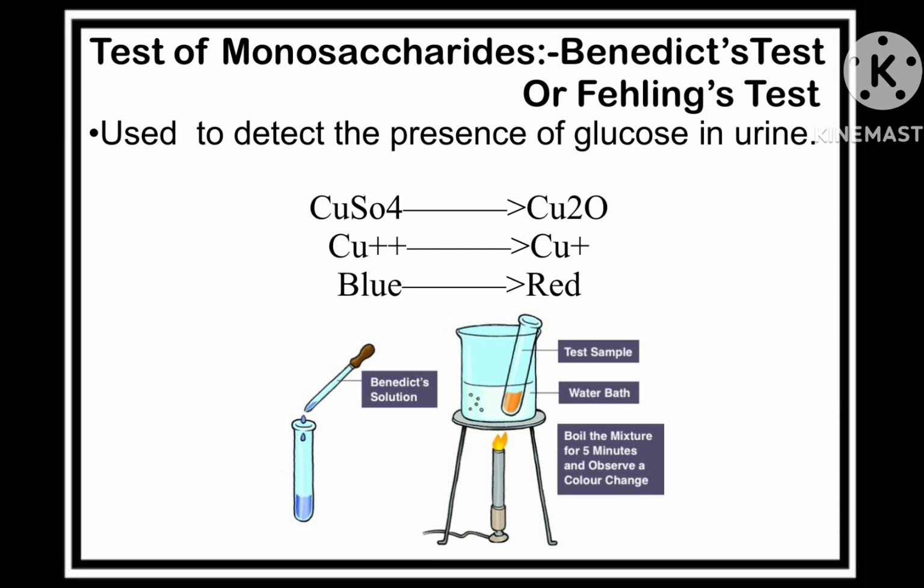Initially the blue color means zero sugar, and in the end result the sugar traces are really high with a reddish or brick red color. And coming to the conclusion, we can say that the first carbon is the reducing center in the case of aldose sugar, while the second carbon is the reducing center in the case of ketose sugar.